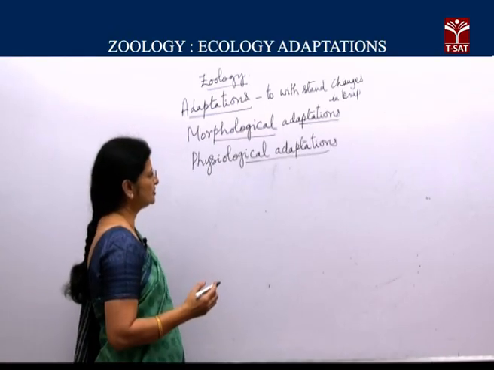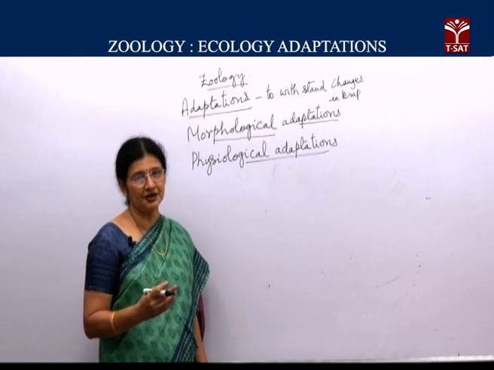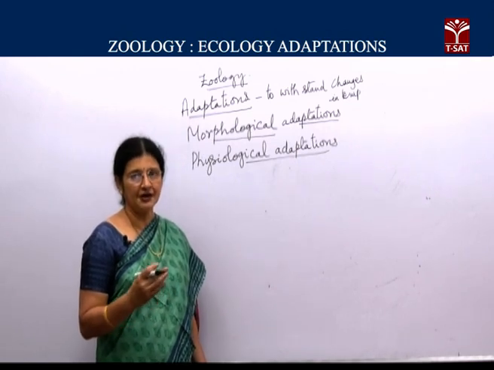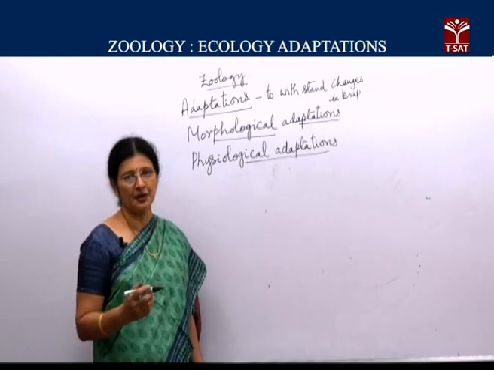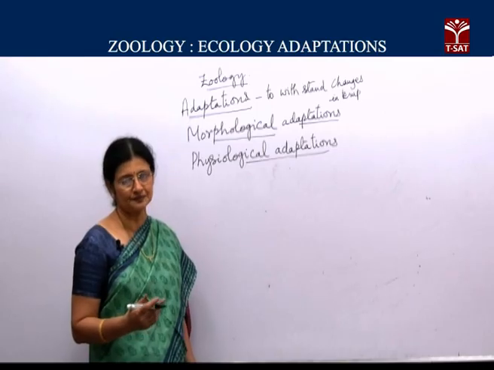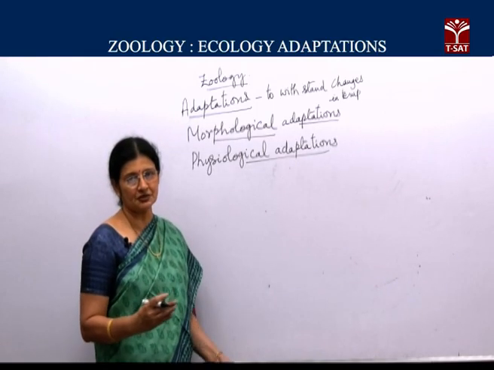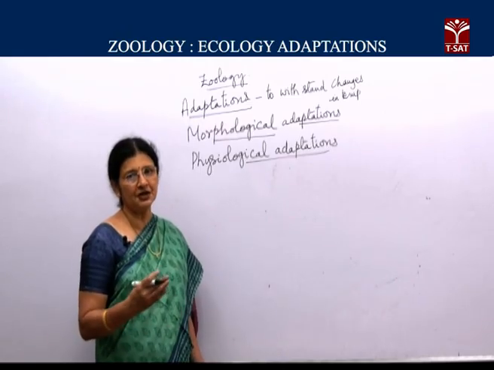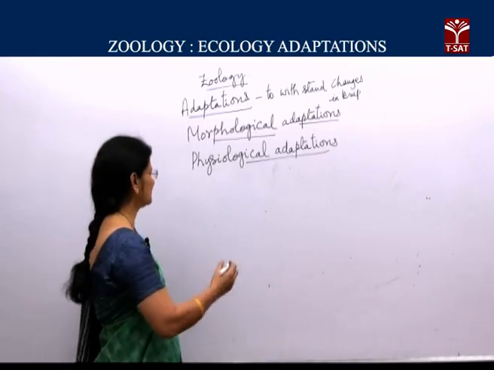Fish are able to live in polar regions, and other organisms like mammals and lizards are able to live in deserts also. So animals are able to live in extreme conditions. All of them develop different types of adaptations.